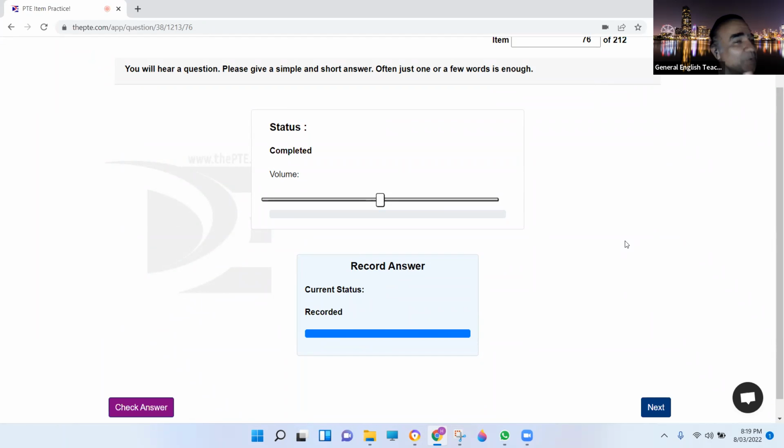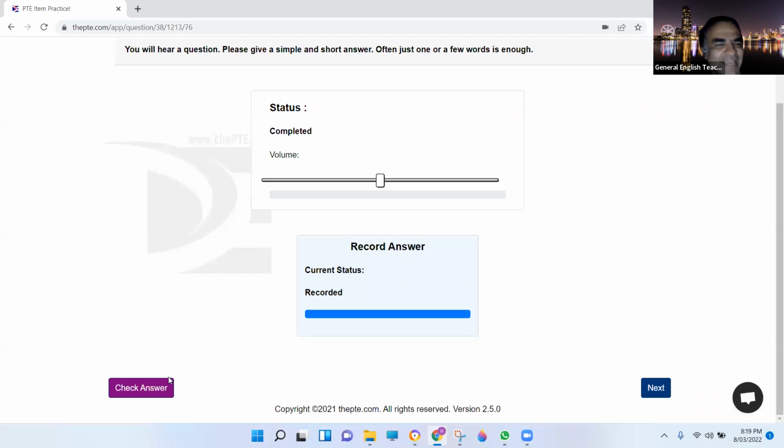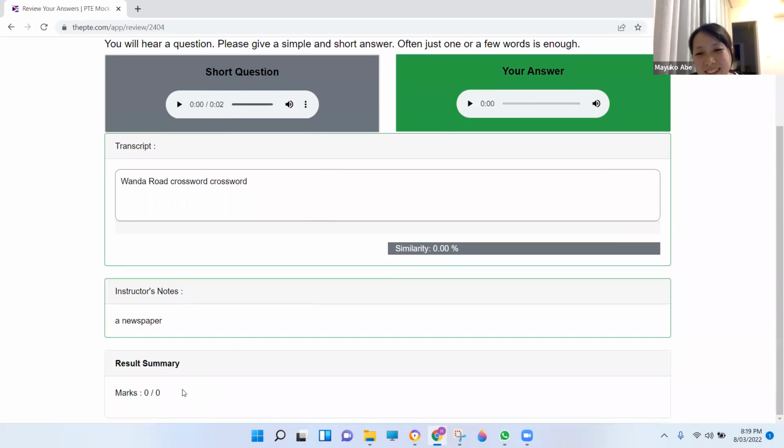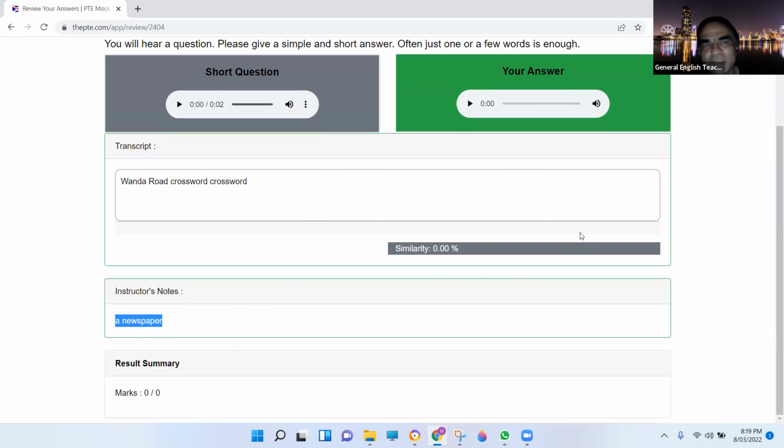But whatever word you come up with, that's fine. Okay, don't worry about it if you get it wrong. You're fine. Okay. Where do you find the crossword? In a magazine. Newspaper. Yes, you can come up with a crossword. Newspaper, yes, or a magazine. That's fine. Very good.